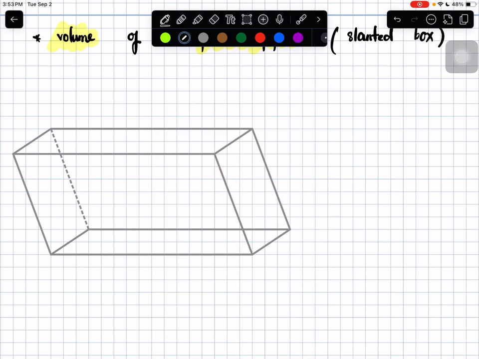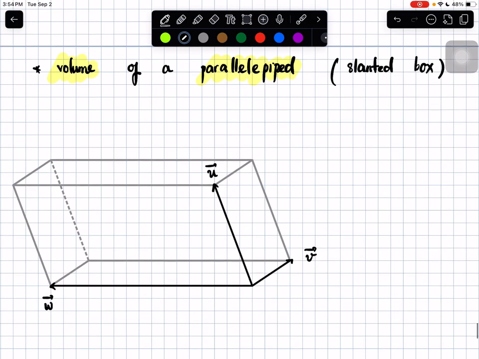So vector v, this vector, vector u, this vector, u, v, and w, vector w. So we have three adjacent edges corresponding to u, v, and w. We will compute the volume of this object by the dot and cross product of u, v, and w.